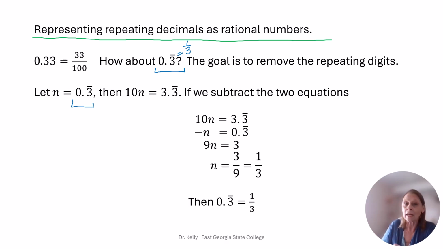Now, the idea is to remove the repeating digits. And remember, the rules of the way our math works is that if you do one thing to one side of an equation, a proportion or whatever, you have to do the exact same thing to the other side.